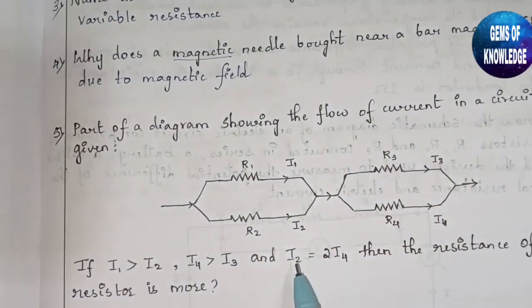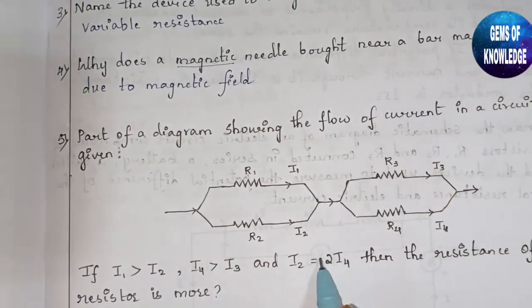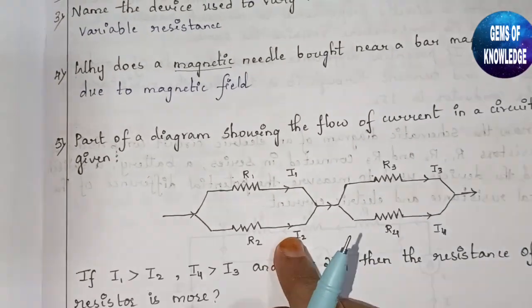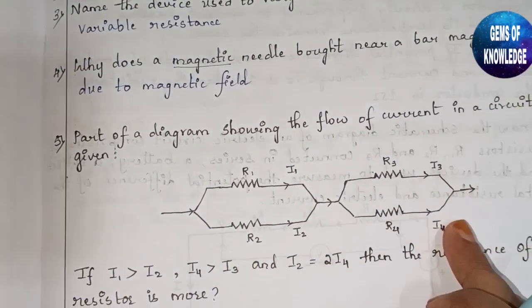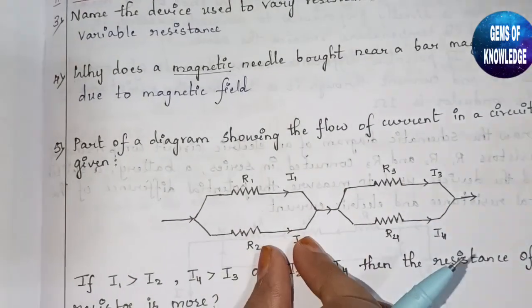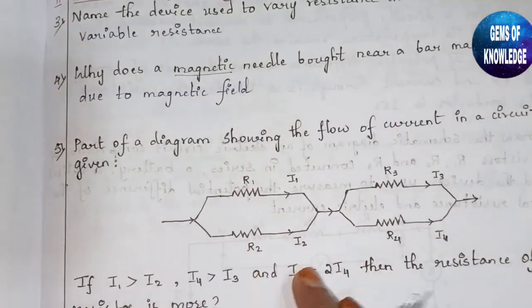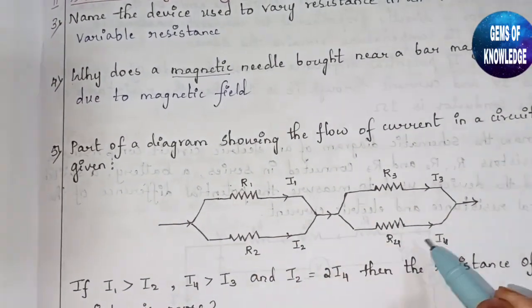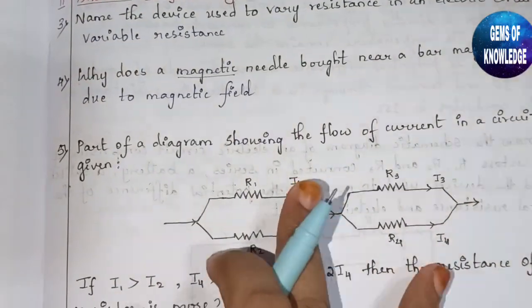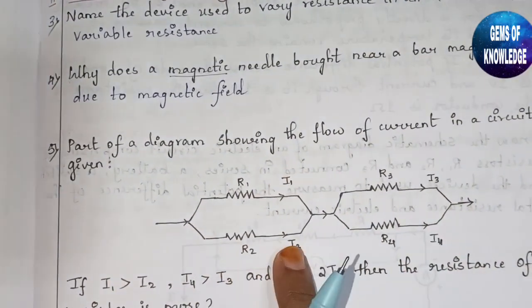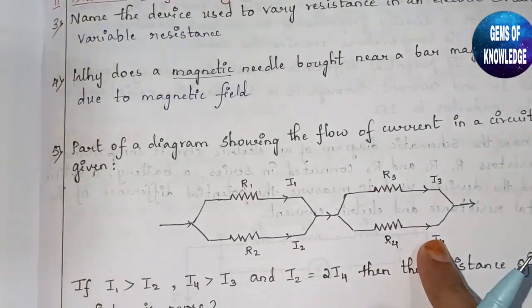Next condition, I2 is equal to 2 times I4, which means I4 is smaller than I2, because I2 is 2 times I4. These two are greater than this.